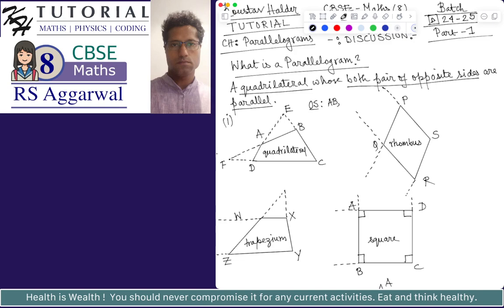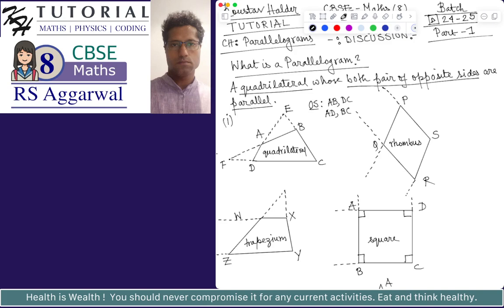So in this quadrilateral ABCD, one pair of opposite sides is AB and DC. The other pair of opposite sides is AD and BC. We need to check whether these 2 pairs of opposite sides are parallel or not.